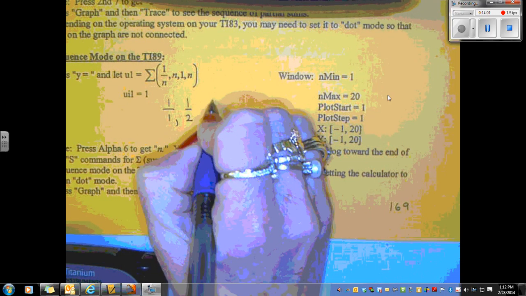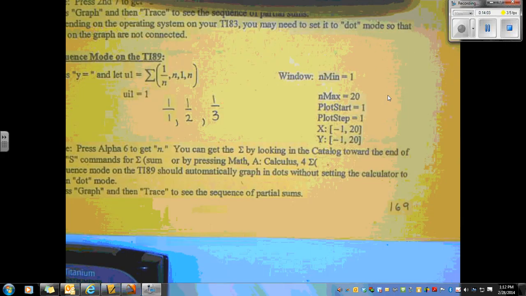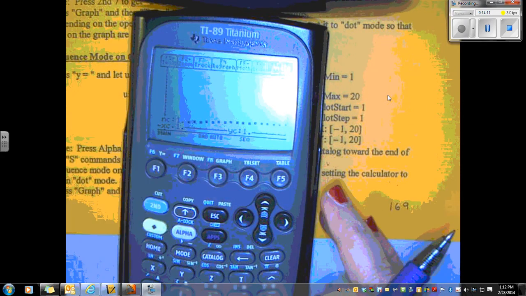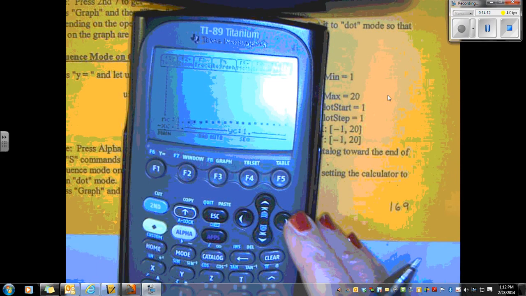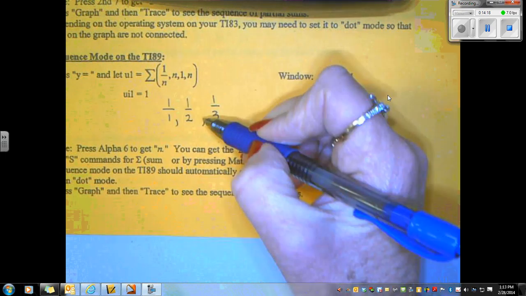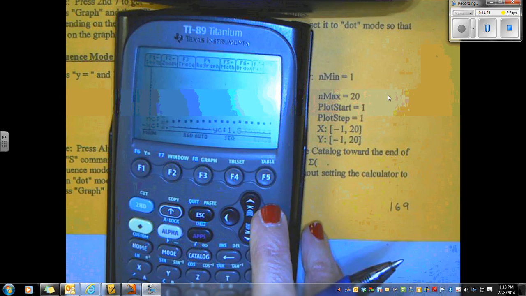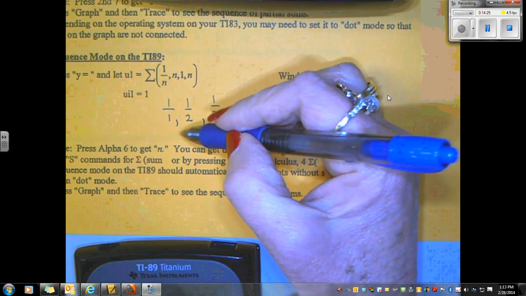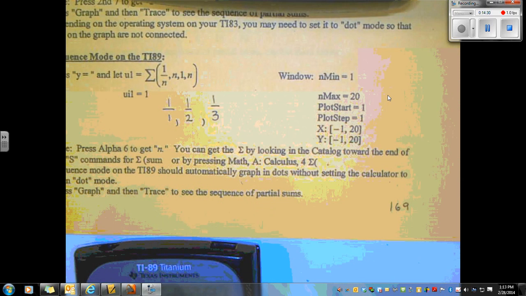I put in 3, I get 1 over 3. But look what the calculator's doing when you trace. When you were at 1, it's what? When you move to the right, you get 1.5. What is 1 plus a half? 1.5. Okay, now if I move again, I get 1.833 because it added 1, a half, and a third.